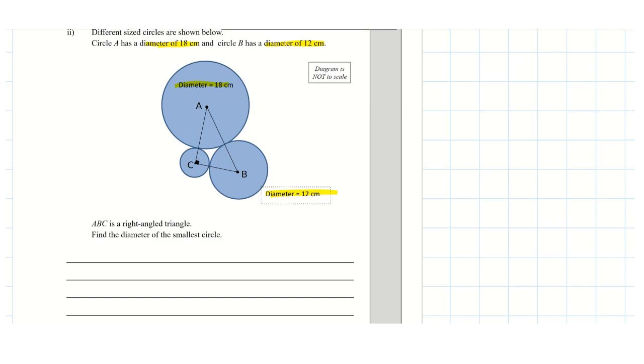Let's look at this. ABC is a right-angled triangle. So it's not like the question before. We already know for certain this is right-angled. The question we need to answer is: find the diameter of the smallest circle. So what we care about is the distance from here to here. What is that value? We also care about the distance from here to here.